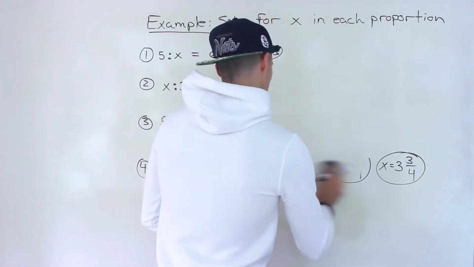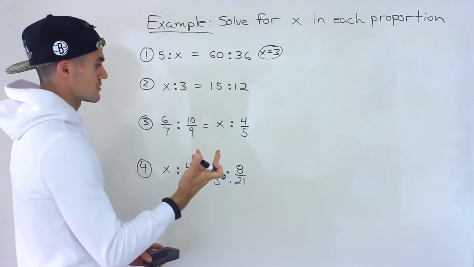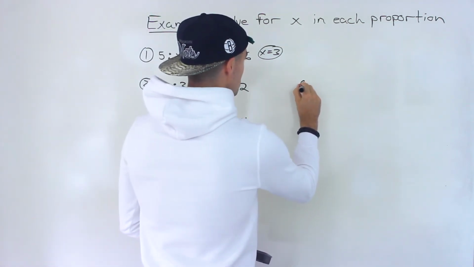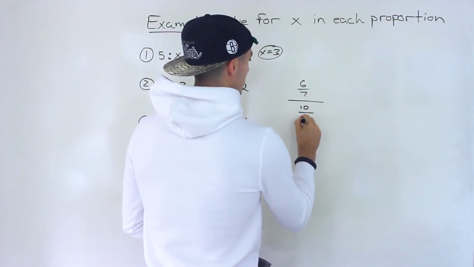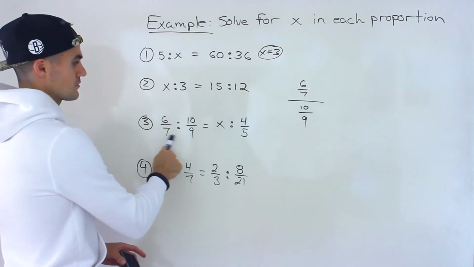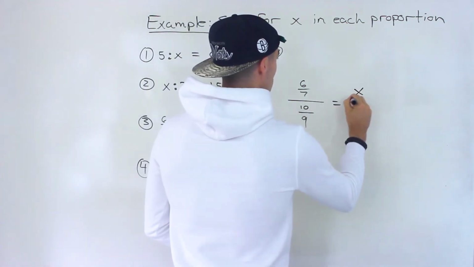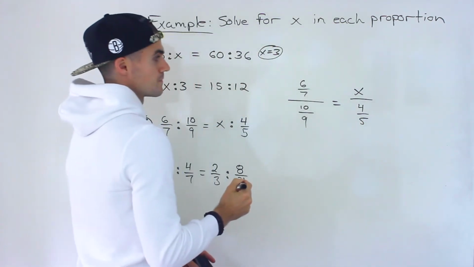Then number 3, notice how number 3 and 4, the ratios have fractions within them. But same methodology applies, so what we would do is we would just put a fraction within another fraction like that. So this ratio we could represent like this, then we'd have x over 4 over 5, like that.